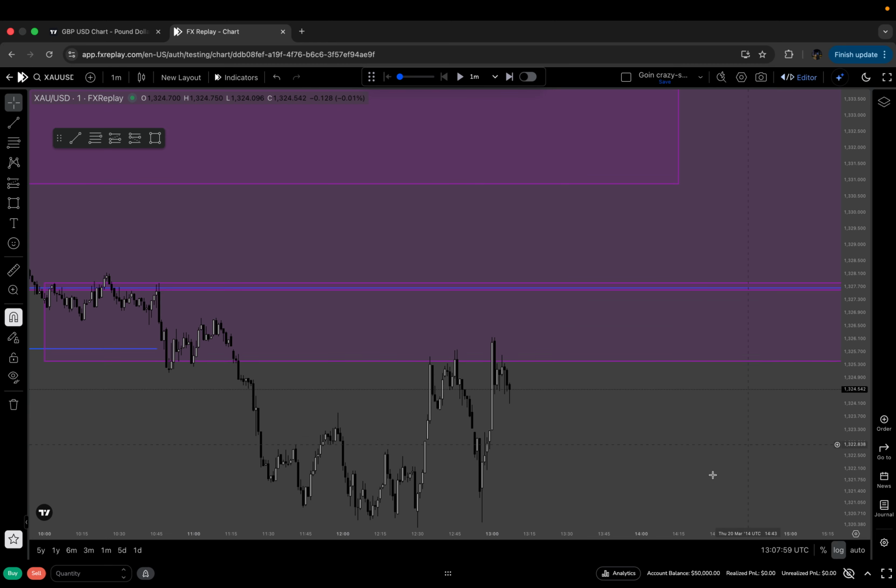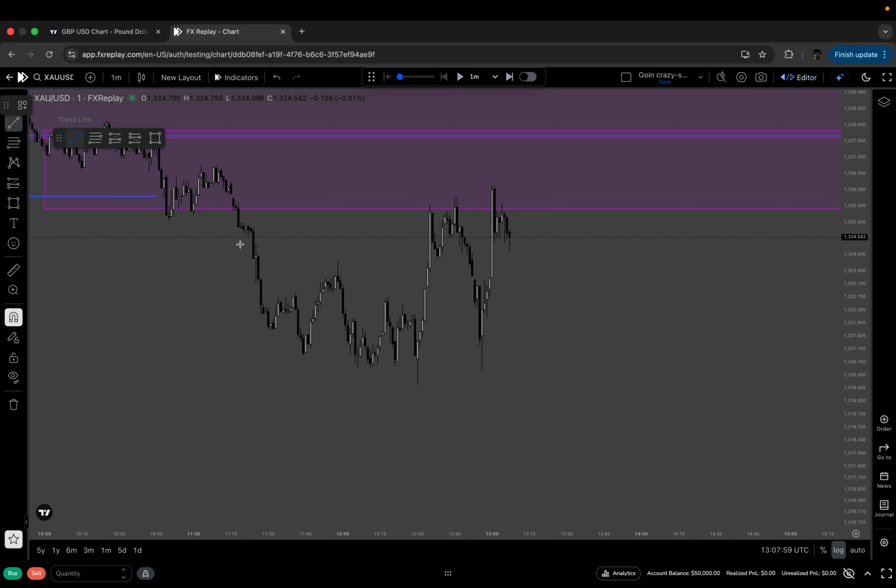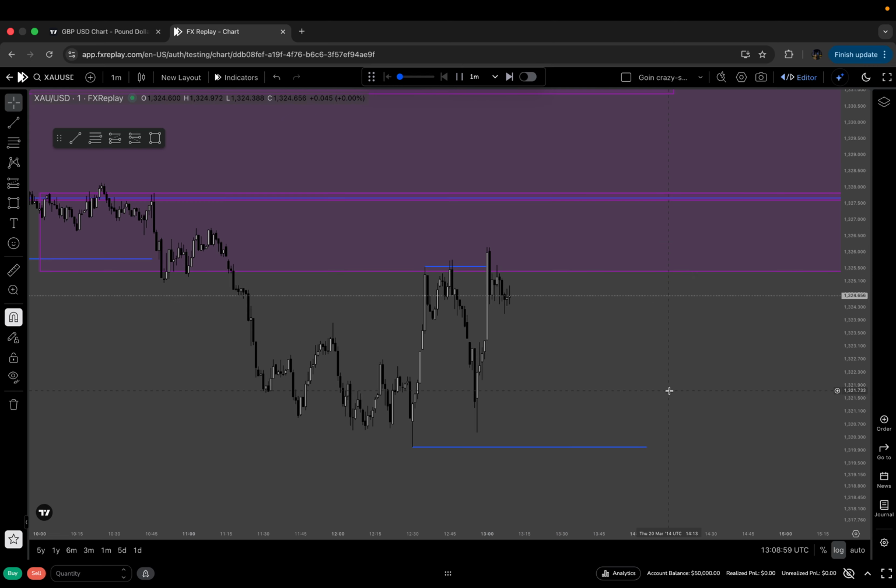Okay, so ideally we need a break. Ideally when you break these lows, get a retracement back up. That's what we need on the 1 minute. So let's see if we get that.